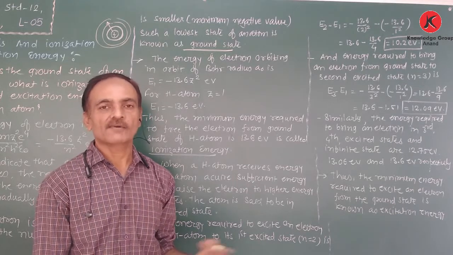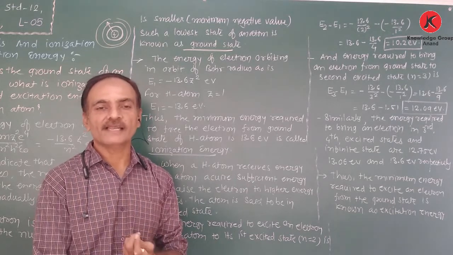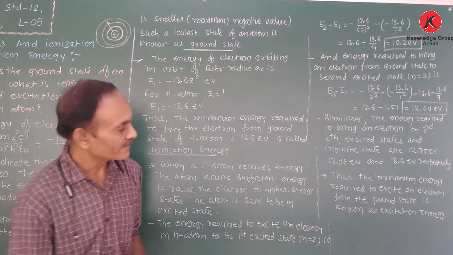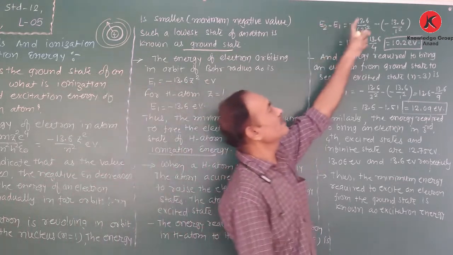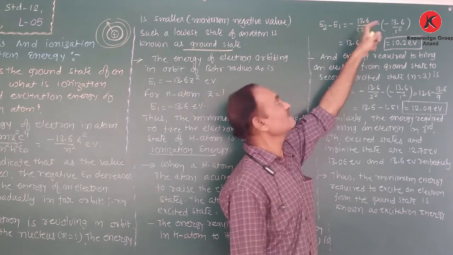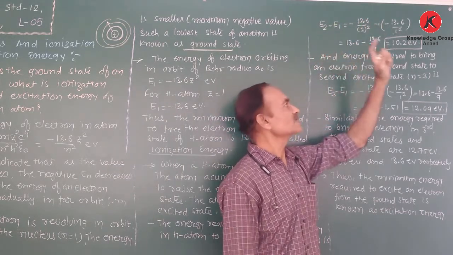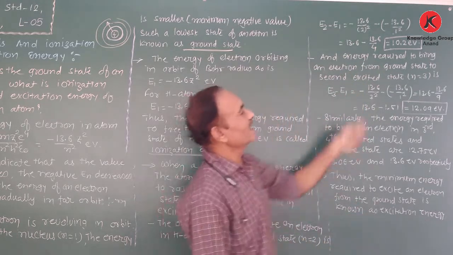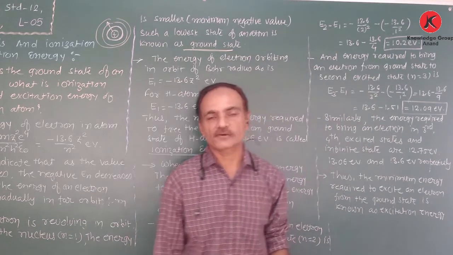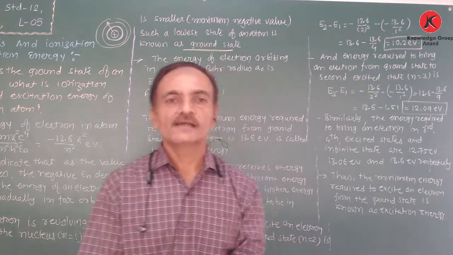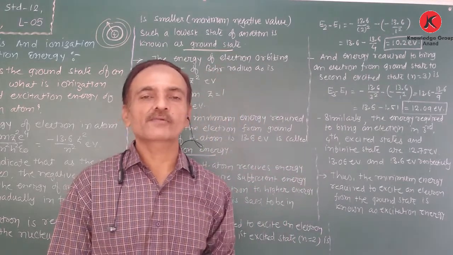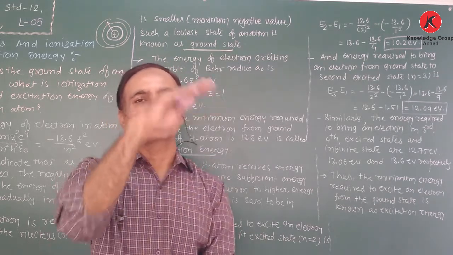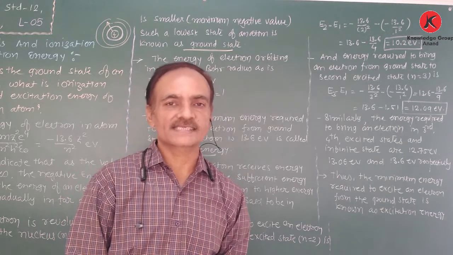Or in other words, for the hydrogen atom, the energy of an electron in the nth orbit is minus 13.6 upon n square. Using this concept, E2 is minus 13.6 upon 2 square, E1 is minus 13.6 upon 1 square. Therefore, the energy required is 10.2 electron volt. Yes, the electron gets 10.2 electron volt of energy, so it makes the transition from the ground state to the first excited state.